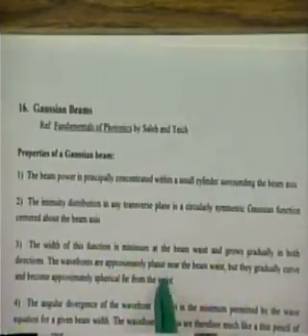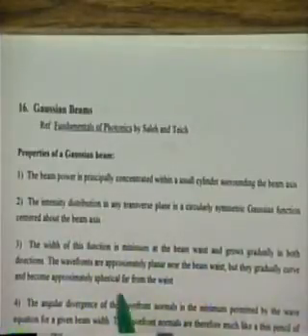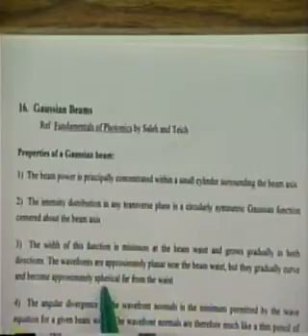The wavefronts are approximately planar near the beam waist, but they become curved as we go away from the beam waist, and far away they're approximately spherical. In fact, we're going to see a very neat, intriguing little relationship between the shape of the wavefront and the function of position.